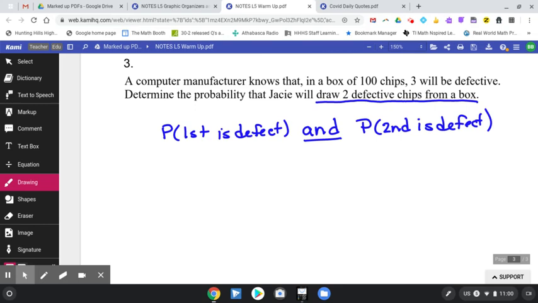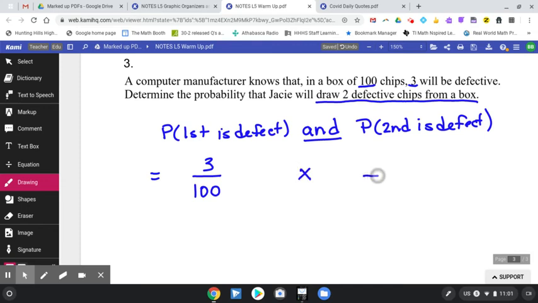So let's look at probability that the first one is defective. So in a box of 100, 3 will be defective. So how many are defective? 3. How many chips are possible? 100. And means multiply.